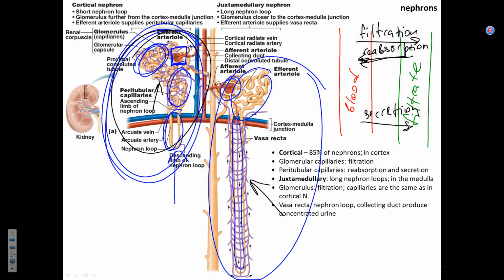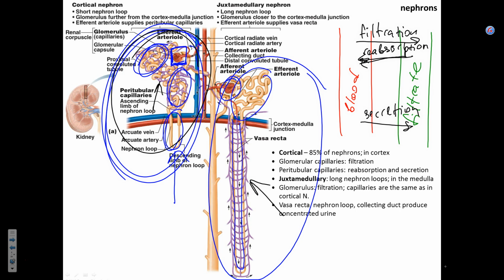If I'm drinking 1.5 gallons of water a day, juxtamedullary nephrons will make sure that I'm not swollen, so they will get rid of the extra water. If I'm dehydrated, they will make sure to keep water inside. Is that clear?